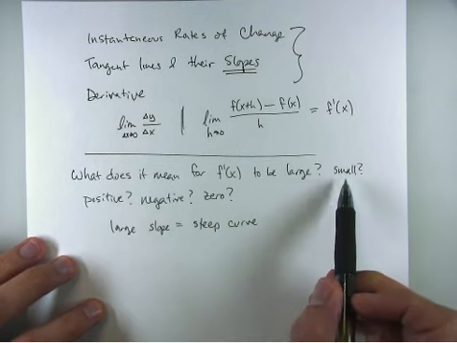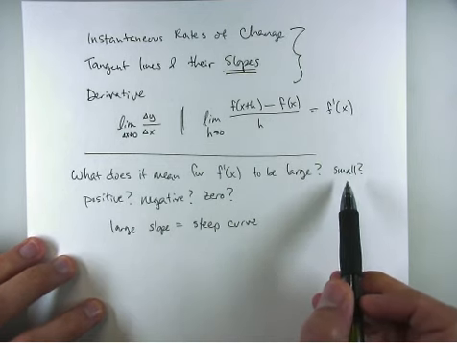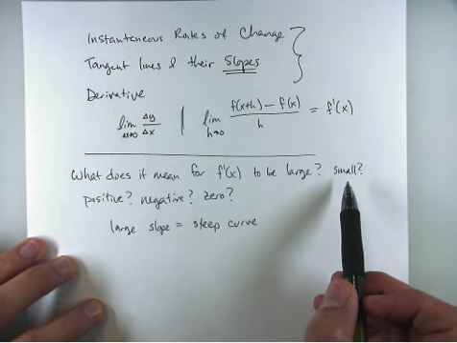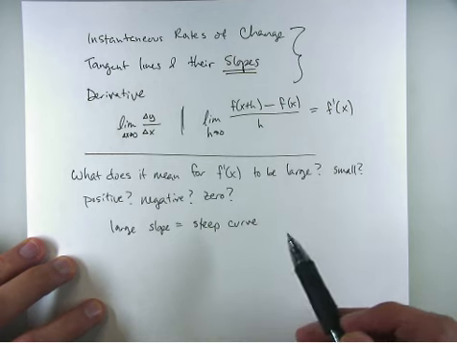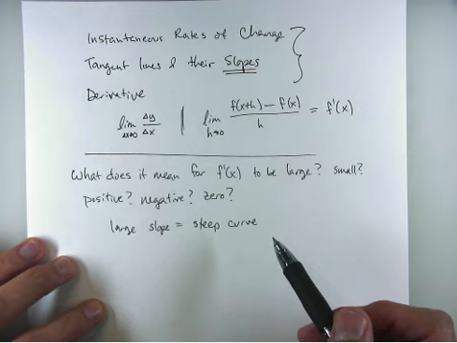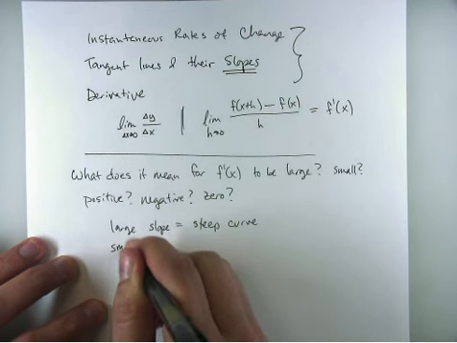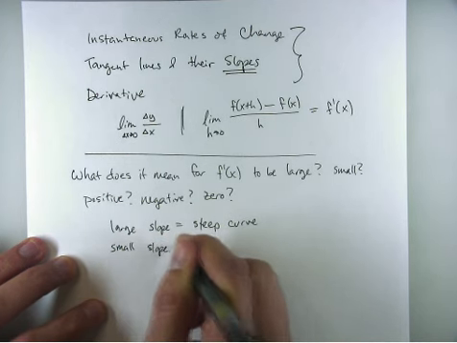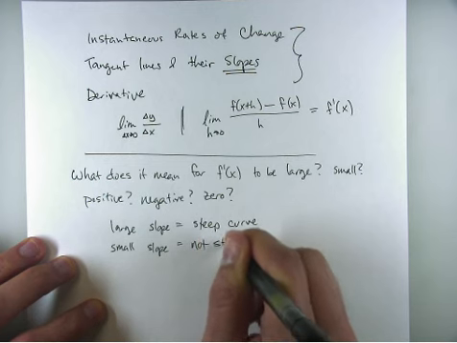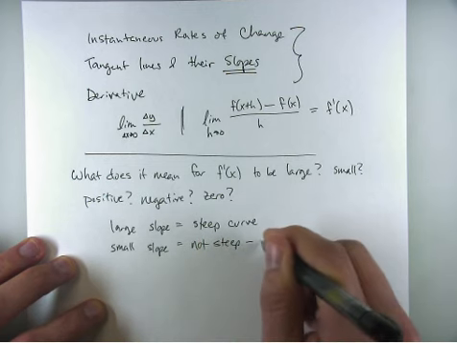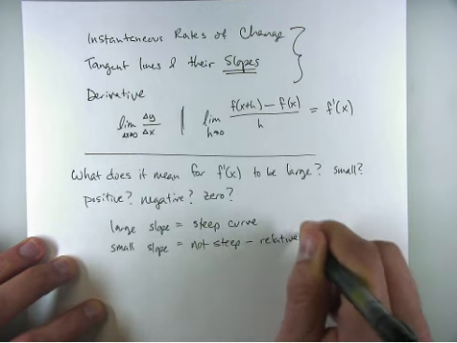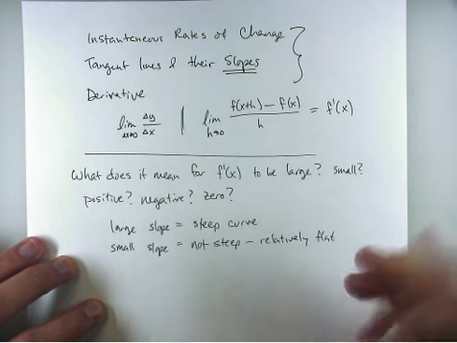So very small slopes, like 1/10 or negative 0.006, right? Those are going to be very not steep curves, right? Small slope equals not steep, right? Relatively flat.